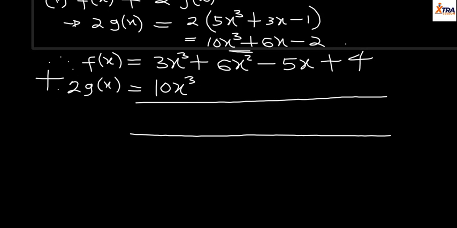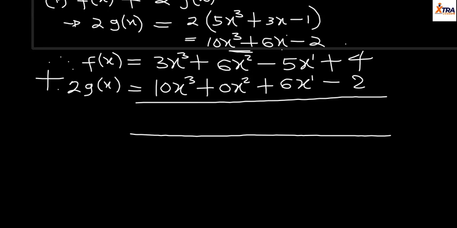The next thing should be plus 6x, but 6x has a different power. The power here is 1, and the power here is 2, so I can't arrange this under this. So I'll just say plus 0x squared, that is, there is no x squared term here, so I put 0. Then I come to the next one, plus 6x, so that it is directly under the one with the same power of 1. Then minus 2.